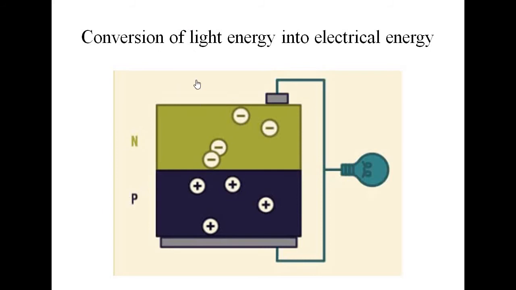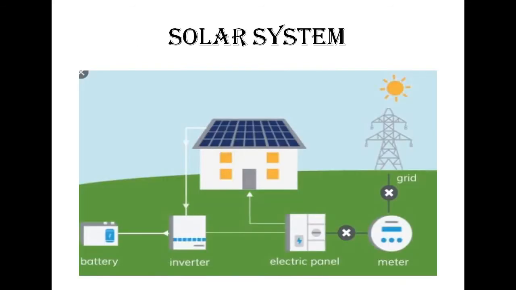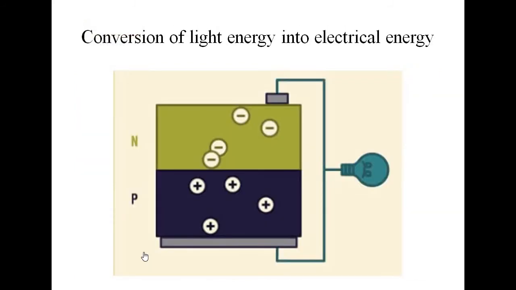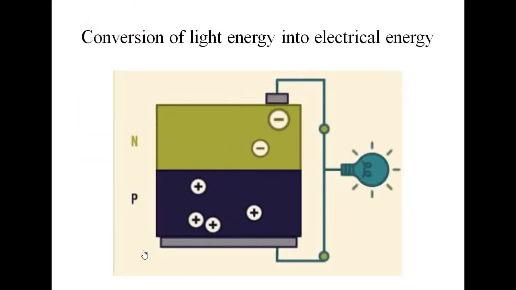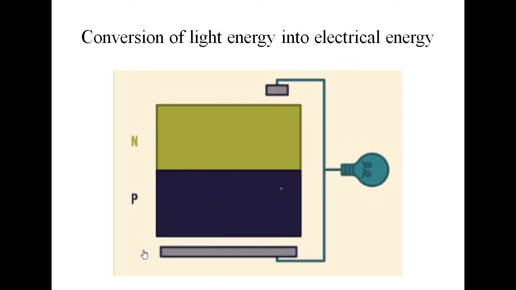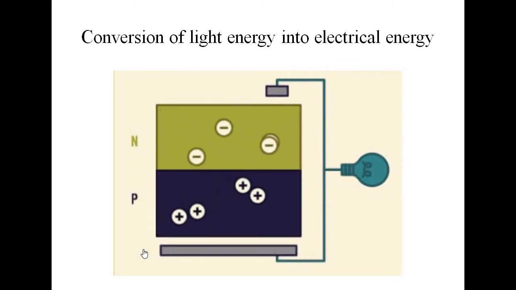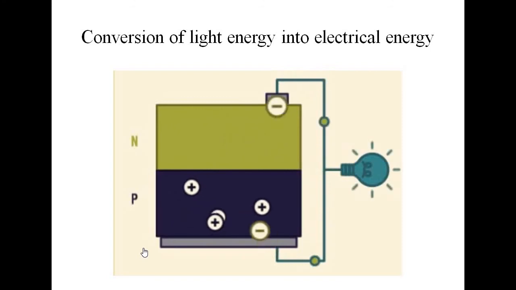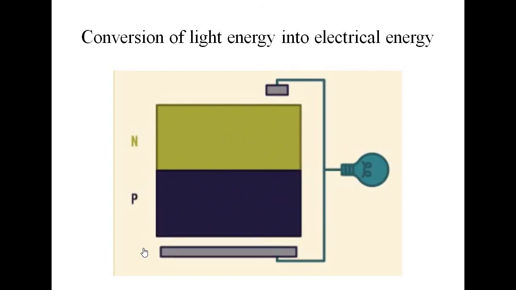Then conversion of light energy into electrical energy. If you connect both layers with the circuit, attractive force will drive the excess electrons and holes together, creating electric current.